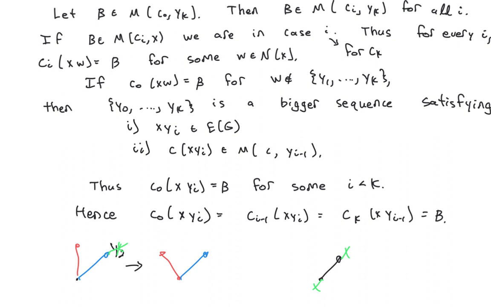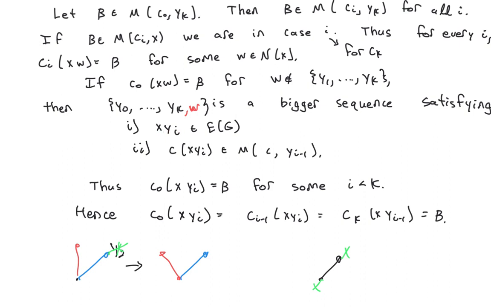This means that for some neighbor of X, let's call it W, the ith coloring must assign the color beta to XW. And suppose for now C sub 0 of XW is equal to beta, and W is not one of the vertices in our sequence, then it turns out we could make our sequence 1 bigger by just adding W to it at the very end, because then the color of W is missing at the previous vertex, and you have an incidence relation.